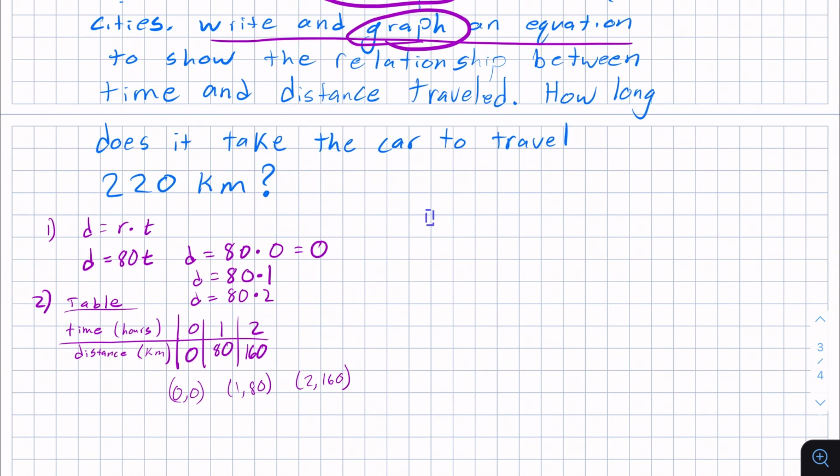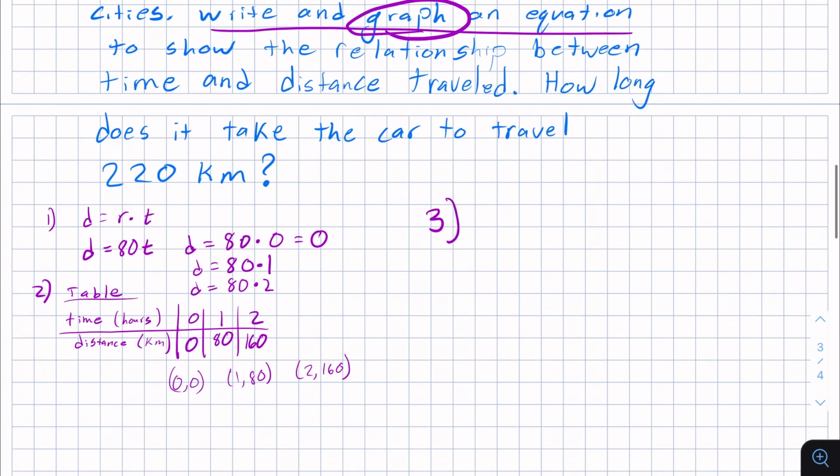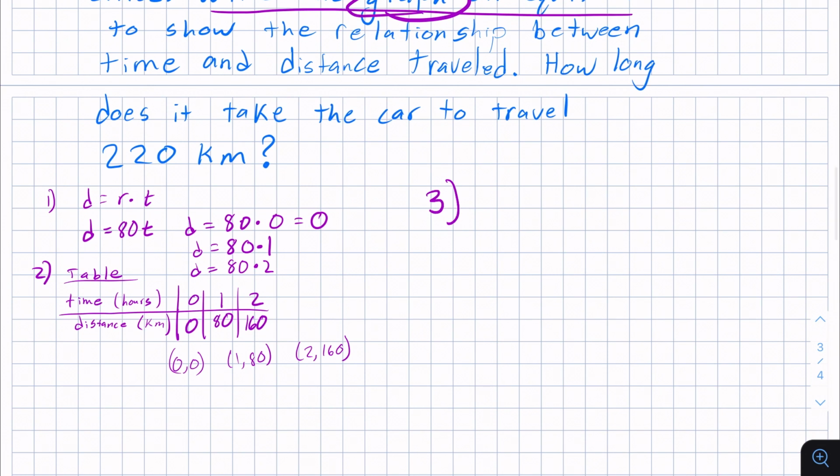So part 3 is the graph. Now again, like I did for the other graphs, I'm going to draw my vertical and my horizontal axis. I'm trying to do the best that I can to use these grid lines to help me draw this graph neatly, but bear with me if it's a little off.